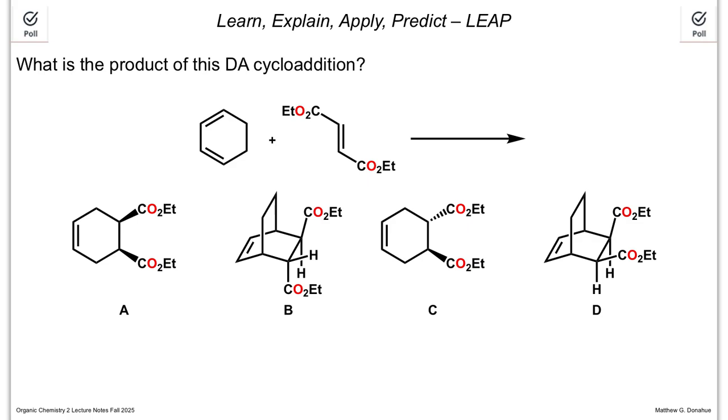So I heard a couple people overlap with A. What is one of the reasons you would eliminate A? So one of the reasons is, here we're starting with trans. This ends up cis. So there's that mismatch. What's another thing about A that's wrong? And again, this is the subtle part. Yep. It's missing the first ring.